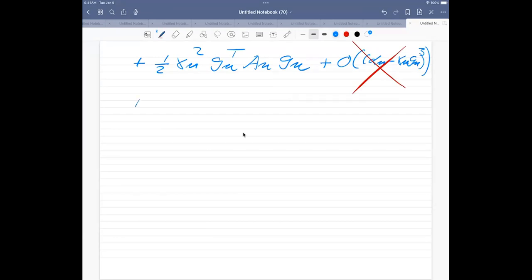So what we get is that this energy of alpha of n plus 1, which we are simply going to replace with alpha of n plus 1, is given by this constant E of n, minus gamma of n times g of n transpose times g of n, plus 1/2 of gamma of n squared, times g of n transpose, times A of n, times g of n.